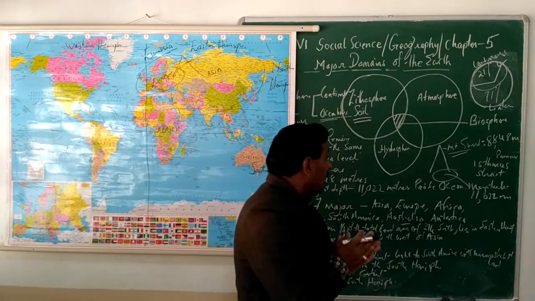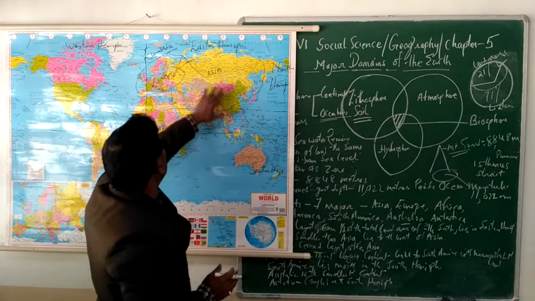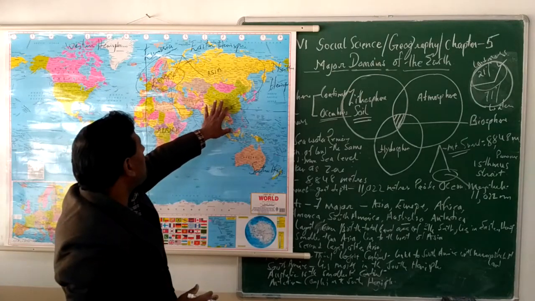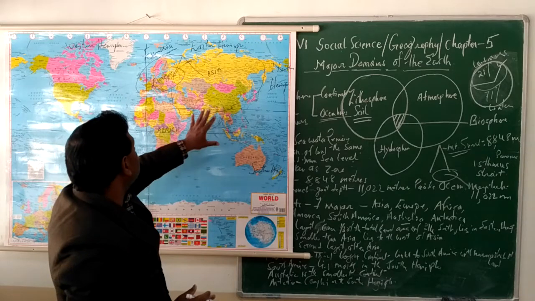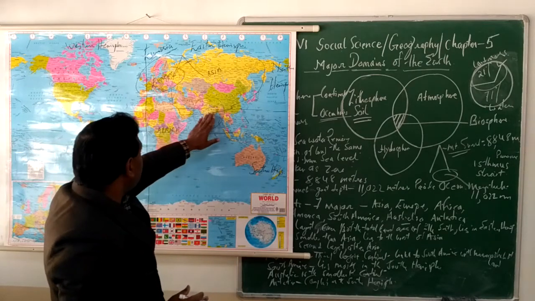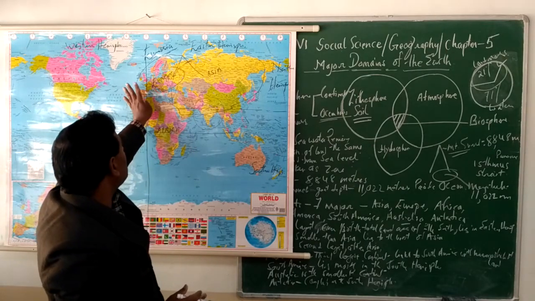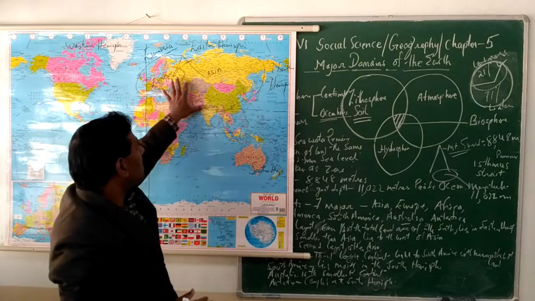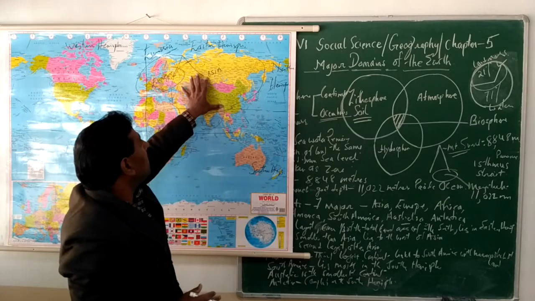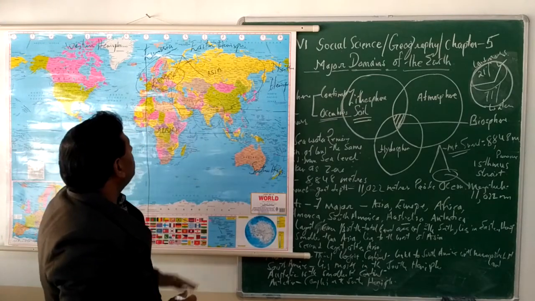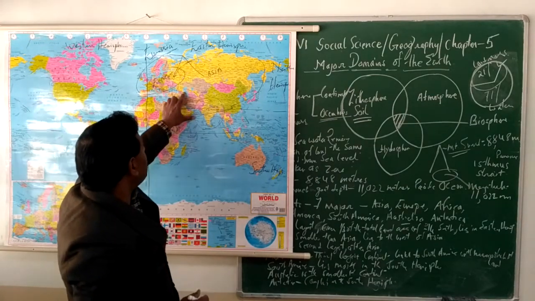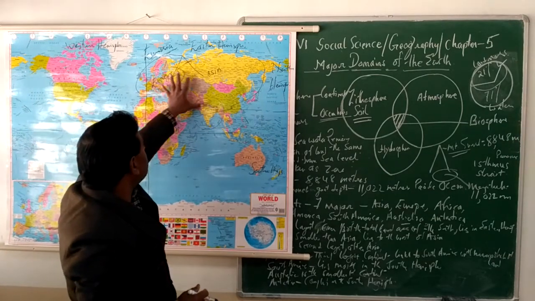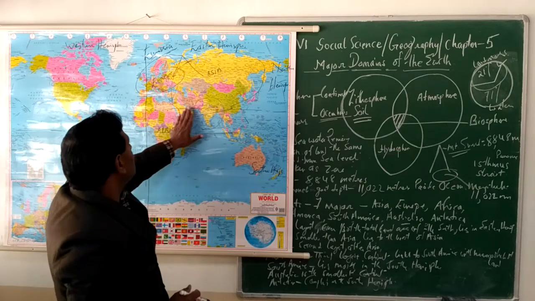So this was about Asia, the different countries which fall over here. You have China, Mongolia, Russia, India is also part of it, Pakistan, and Kazakhstan. Many countries are part of Asia. And you have the Caspian Sea, Aral Sea over here, which are important features.